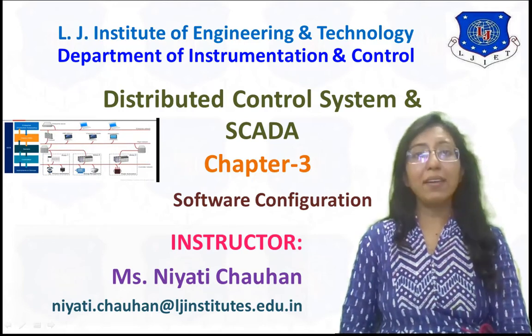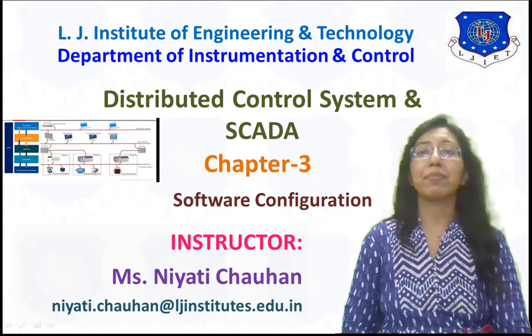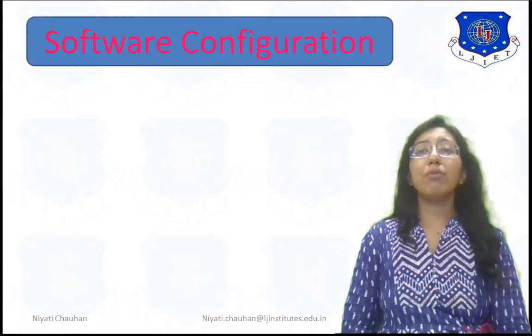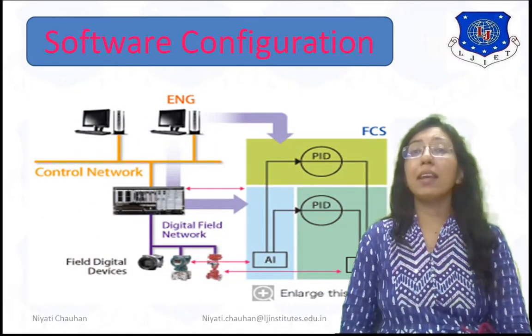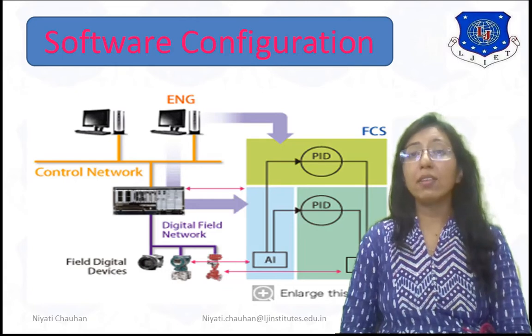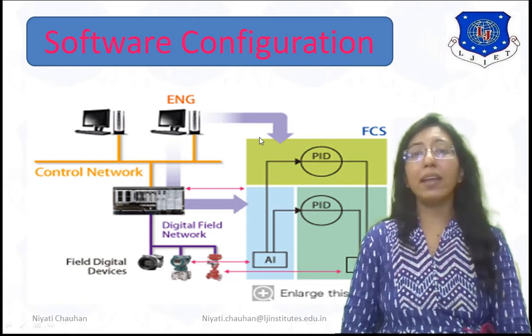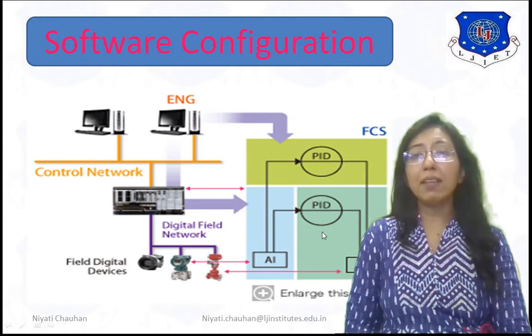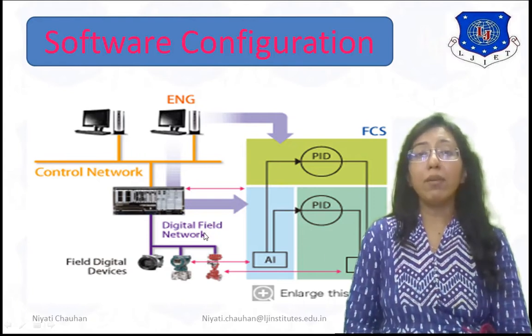So let's start Chapter 3, Software Configuration. Programming the instruction is called configuring. Here you can see PIDs are connected with analog input and analog output, which is mounted at field, right?